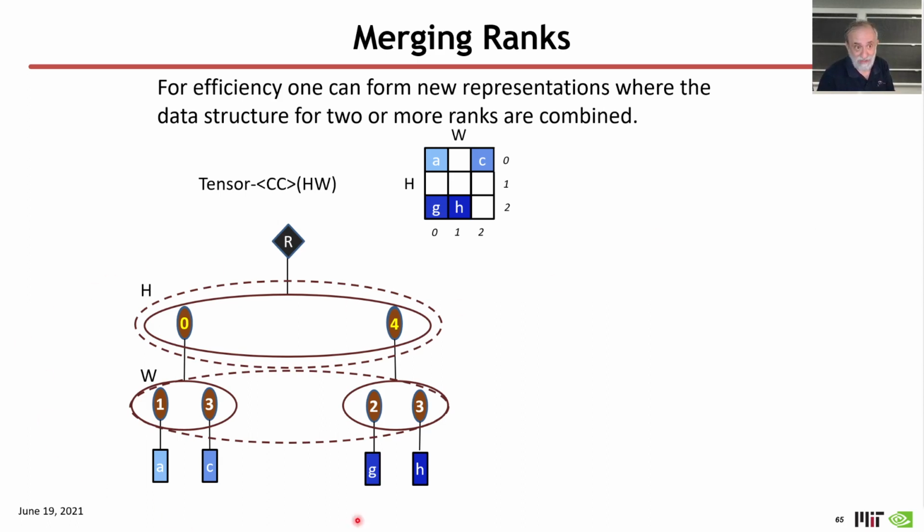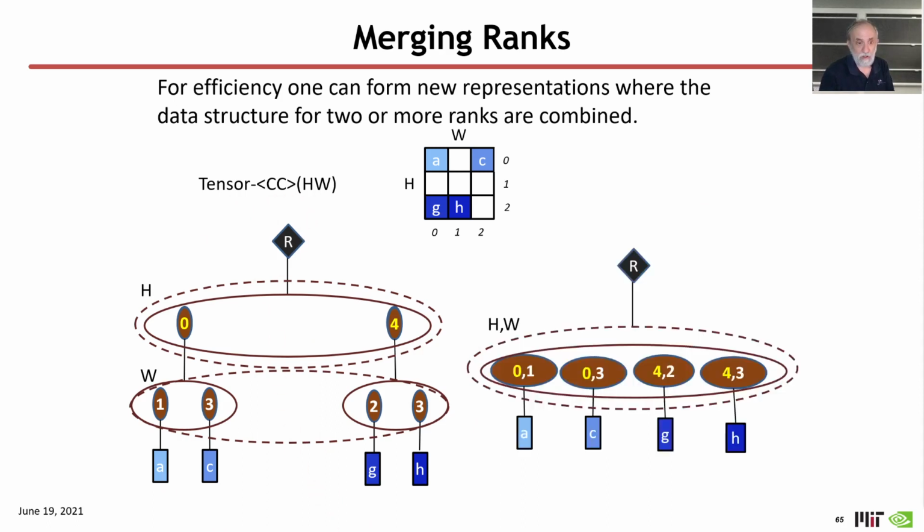And so if this is my original representation, and let's say that it was actually a coordinate payload list of HW, I can then smush it down into a single rank where the coordinates are now tuples of the coordinates from the original rank. So 0 and 1 becomes a tuple with its payload of A. 0, 3 is a tuple coordinate with a payload of C.